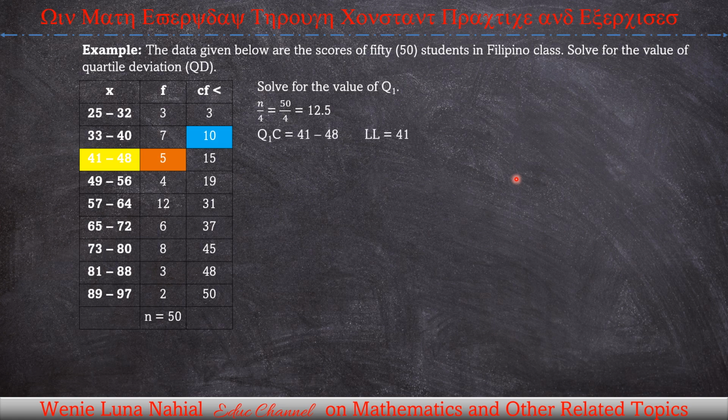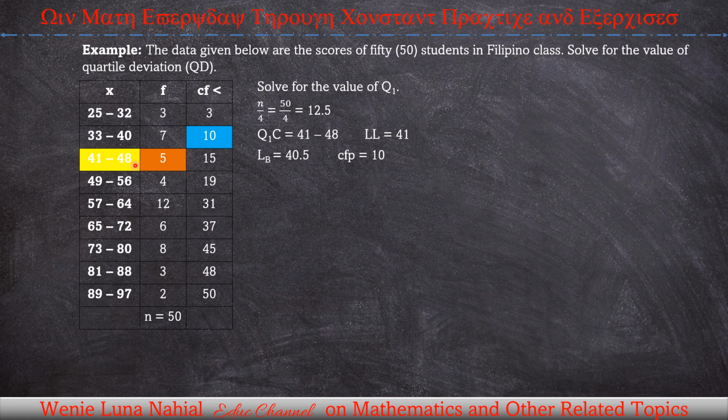So Q1 or the quartile 1 class interval is 41-48 because this 12.5 is less than 15. Okay? So we have to recall our lesson in point measures. So our lower boundary here is 40.5 because the lower limit of this category is 41.